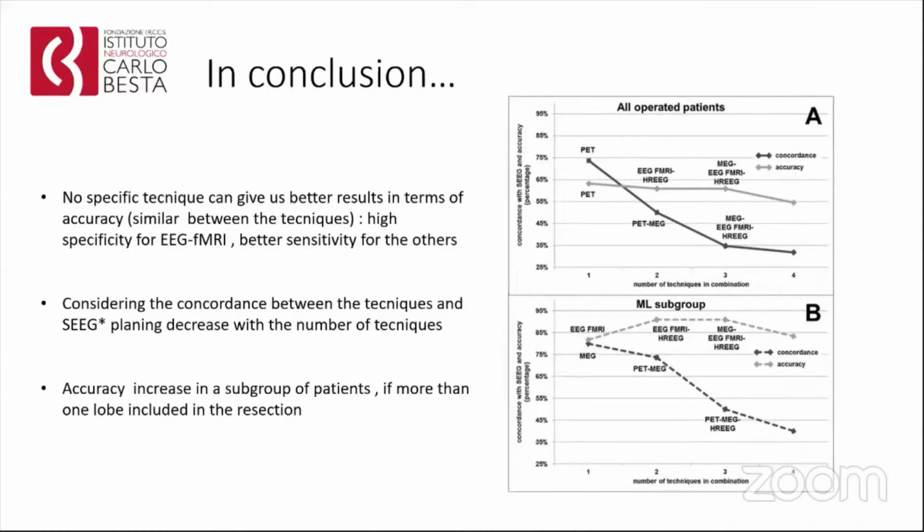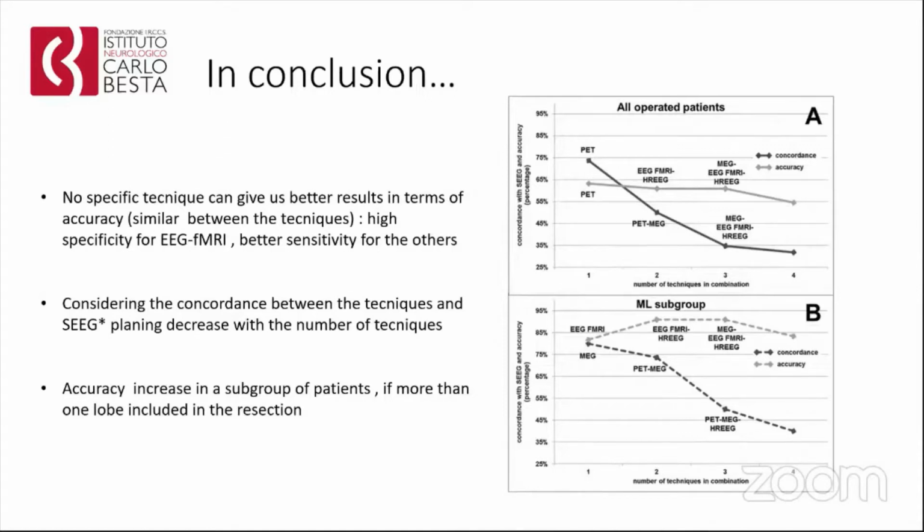So we didn't find any specific combination of techniques that can help us find the best pipeline for surgery in the case of MRI-negative patients. There is no best solution in any case.